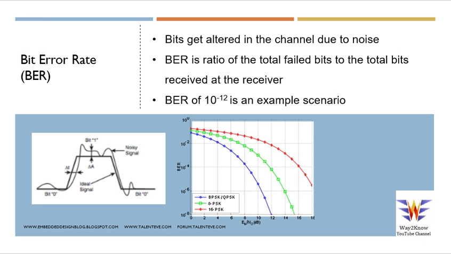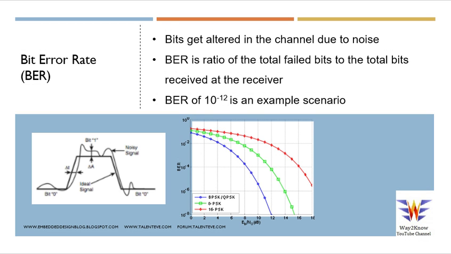And then all these, the jitter, the overshoot, the undershoot that we talk, all these lead to something called bit error rate. So bit error rate is nothing but the ratio of number of bits that are failed at the receiver to the number of bits that are transmitted. So why we are calling only bits here is because we are talking mainly about the digital signals here, high frequency digital signals.